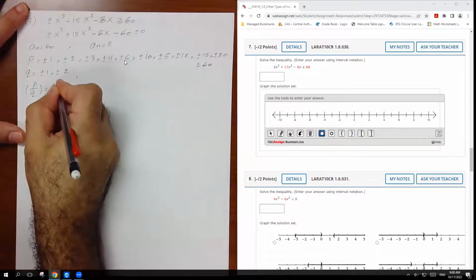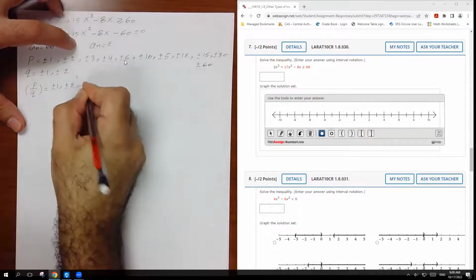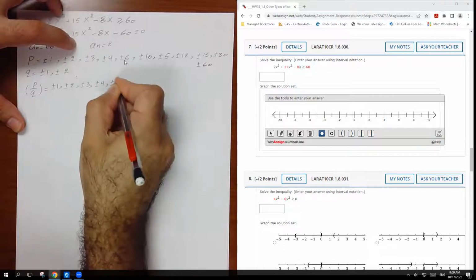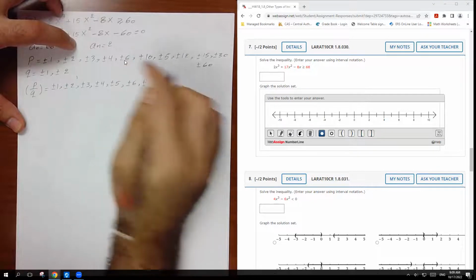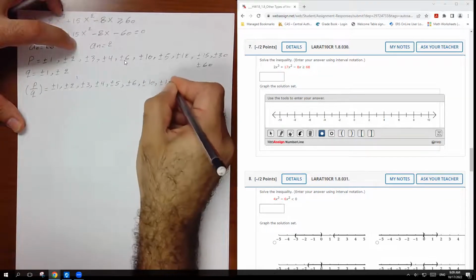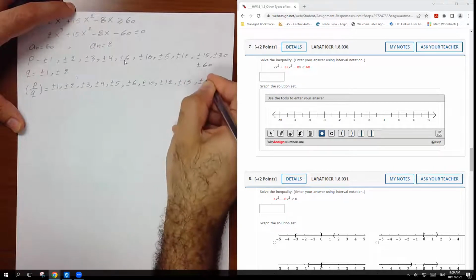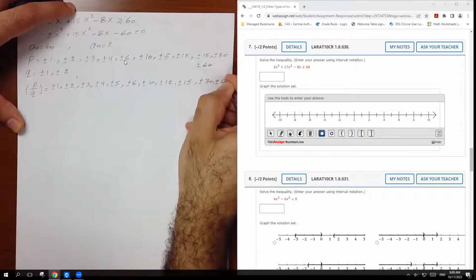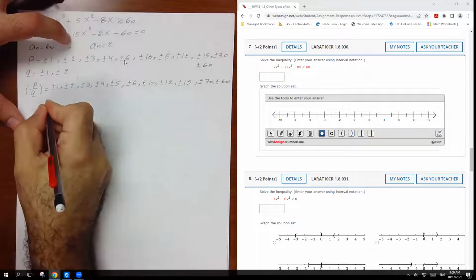It's going to be plus or minus 1, plus or minus 2, plus or minus 3, plus or minus 4, plus or minus 5, plus or minus 6, I just added the 5 first, plus or minus 10, plus or minus 12, plus or minus 15, plus or minus 30, and plus or minus 60. I have to keep going. Now all these numbers divided by 2. So we have to keep going.